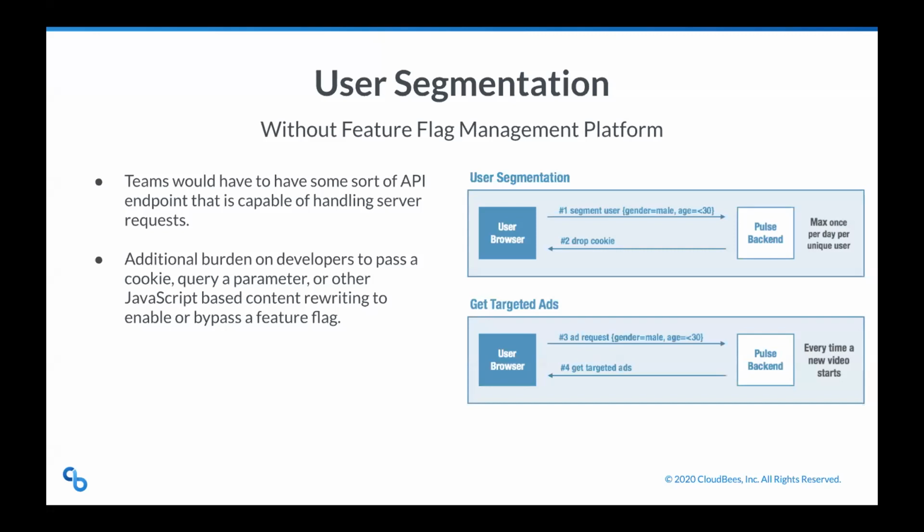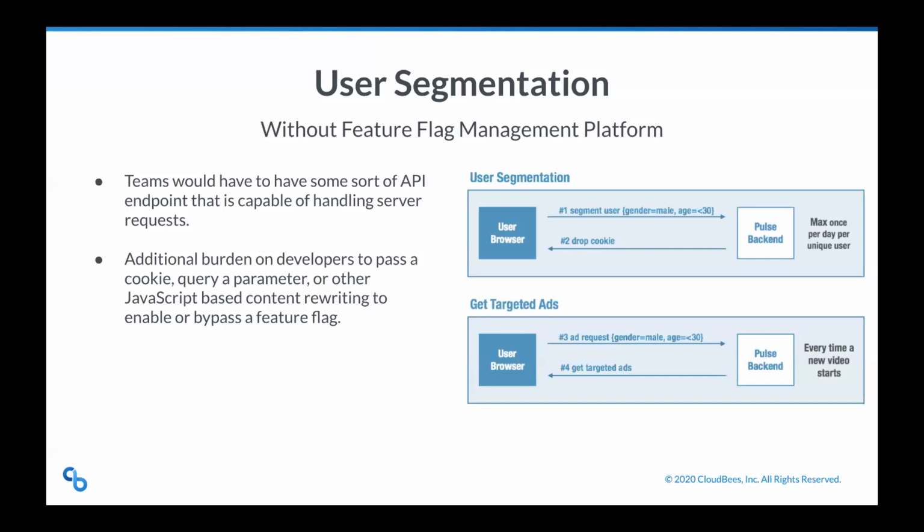So these implementations are also usually pretty performance intensive, and because of the amount of JavaScript rewrites that are involved, it costs the end user experience and page load times.